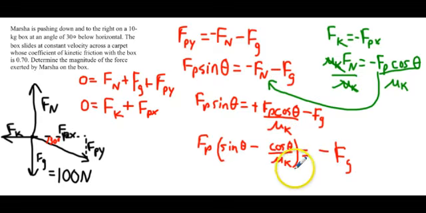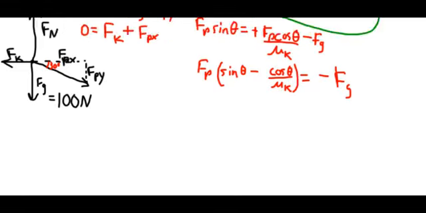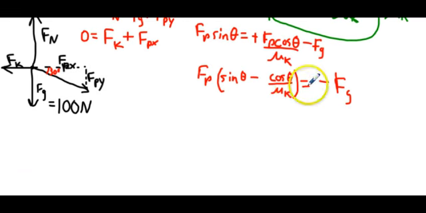Alright, and we are getting dangerously close to having something that we can solve for. Move the screen down a little bit. So now I'm going to move this term over to the other side.